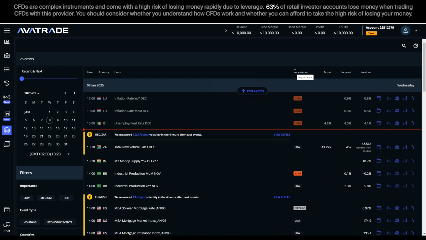I'm just going to go through the structure real quick. We have the previous, forecast, actual, and importance. This is how big of an impact is going to hit the market. So we have low, medium, and high, as I have explained. As you can see, we have this red line here, which shows us the events past that line already took place.